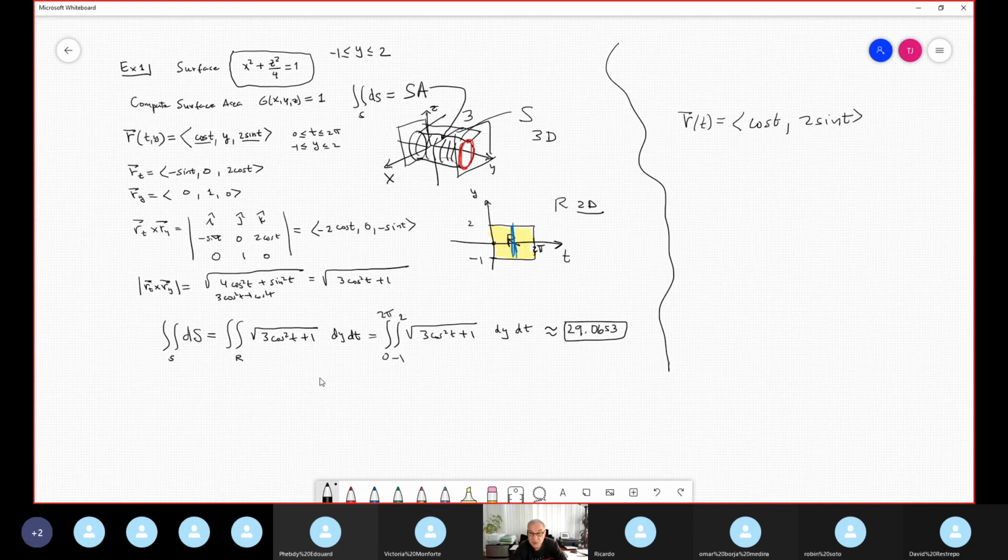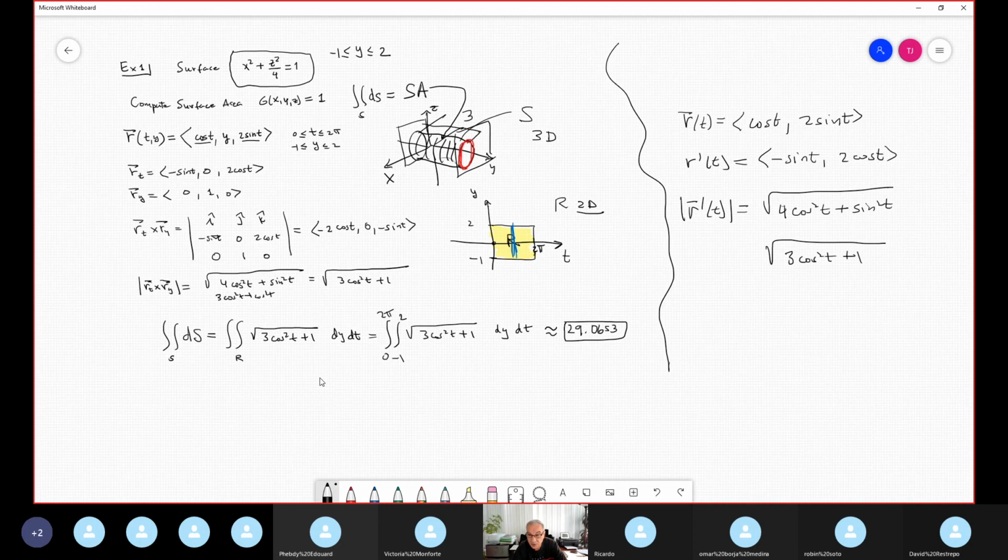And you differentiate this, which is minus sine t and 2 cosine t. You find the magnitude of this. You see it's very, very analogous. It's a square root, and we have the famous 4 cosine squared t plus sine squared t. I manipulate a little bit, which is the square root of 3 cosine squared t plus 1.